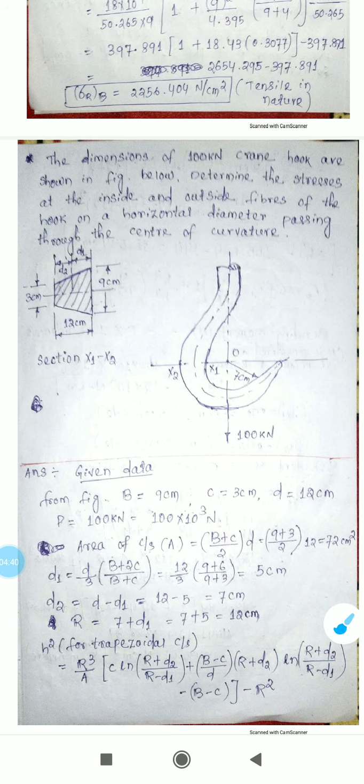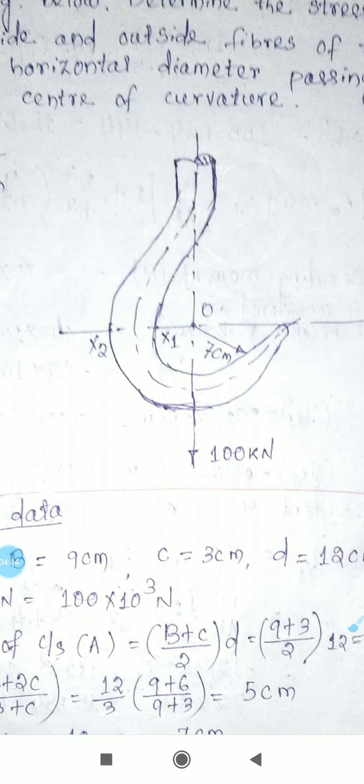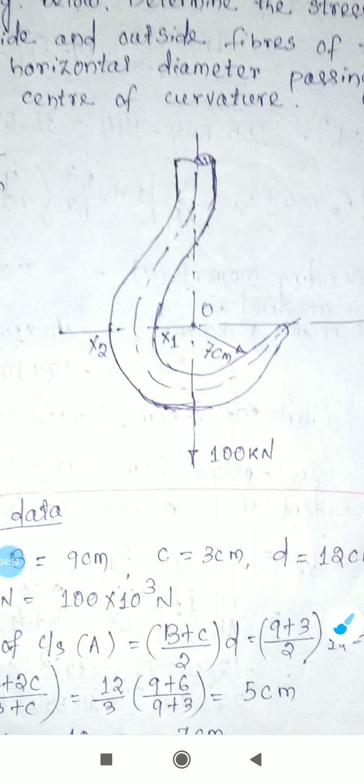Then R is your radius of curvature. See the crane hook, the radius of curvature is from the reference, that is point O, to the centroidal axis. This is your R, the radius of curvature. How can we calculate the radius of curvature?